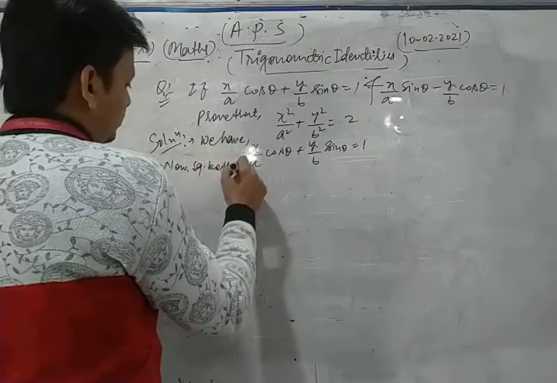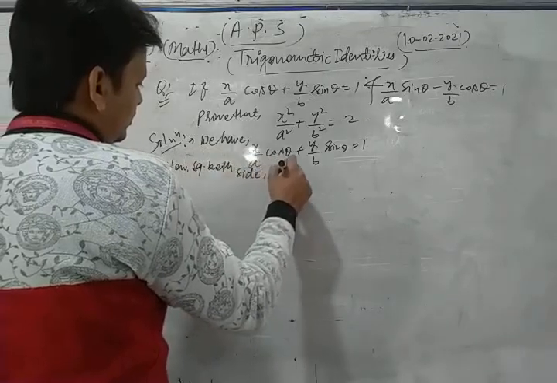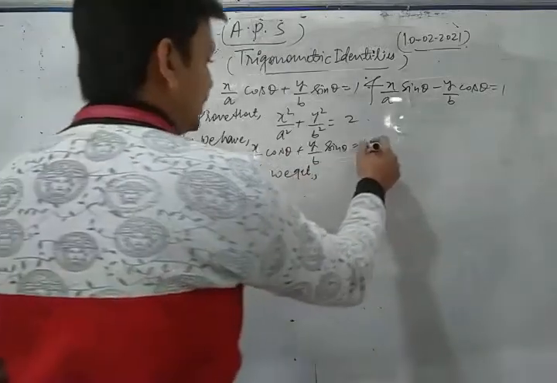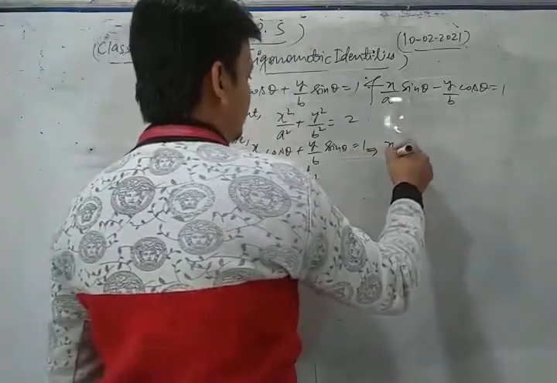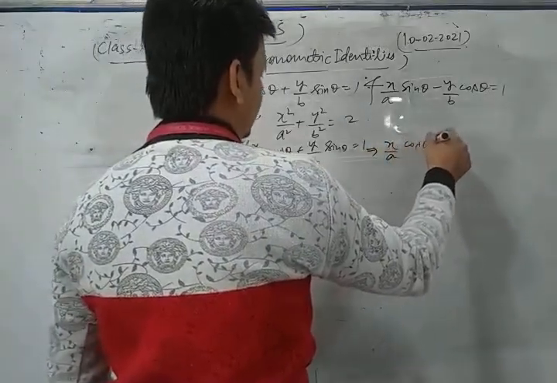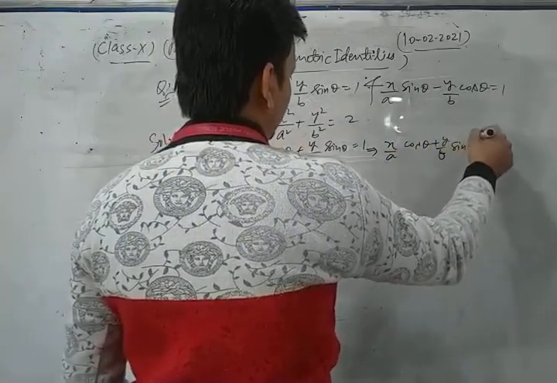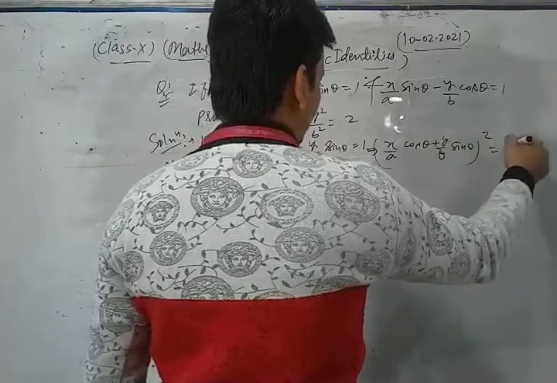Squaring both sides, we can write it in this way: (x upon a cos theta plus y upon b sin theta) whole square is equal to 1 square.